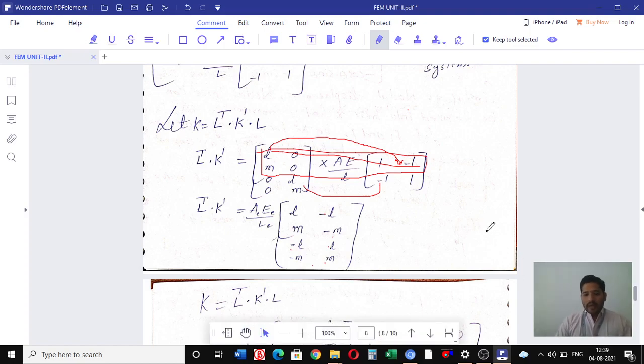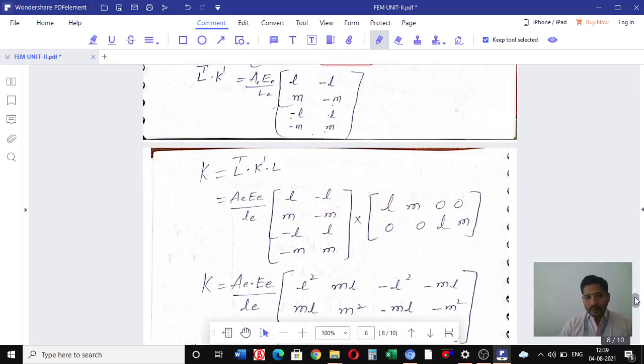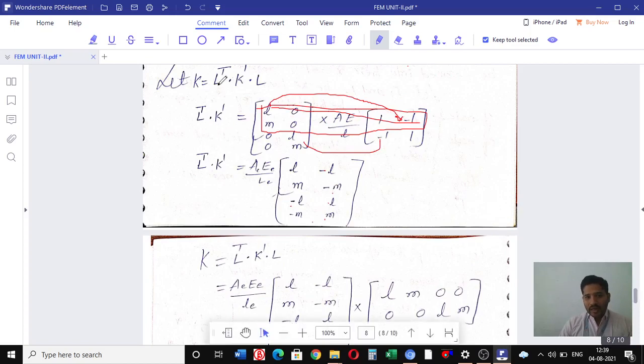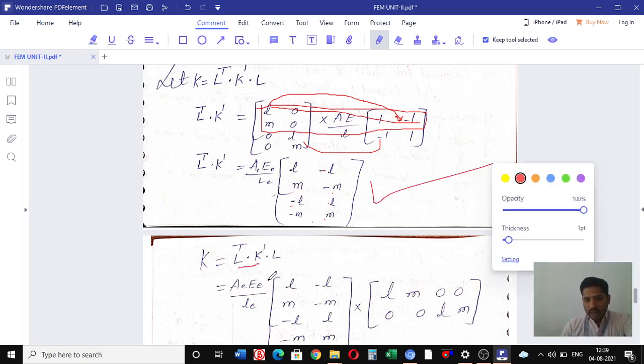After that we got the value of L transpose into k dash. K equal to L transpose into k dash into L. So we got L transpose into k dash up to here: AE by L [L -L; m -m; -L L; -m m].